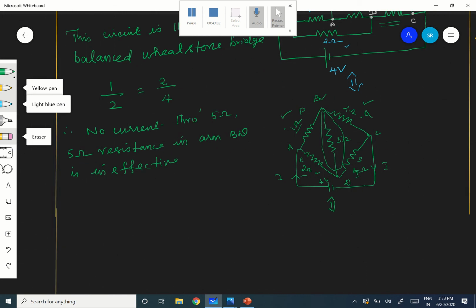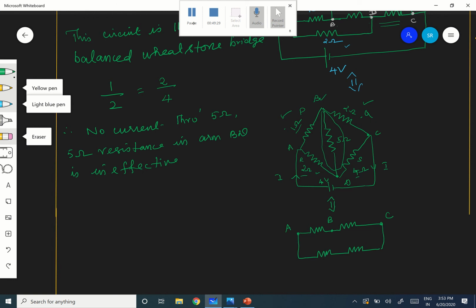It should be 1 ohm and 2 ohm in series, and 2 ohm and 4 ohm in series. Okay, 1 ohm, this is A and this is your B and this is C. Are you following?